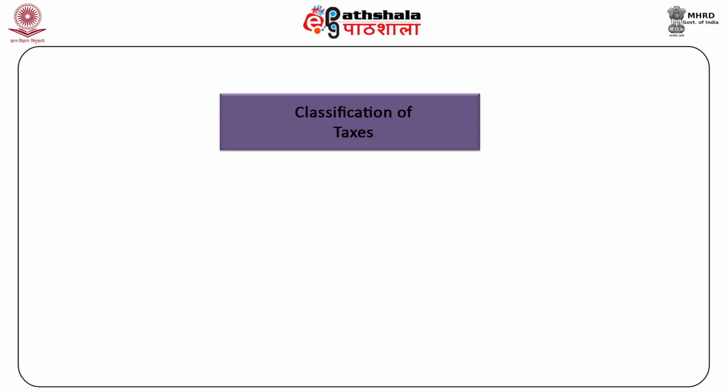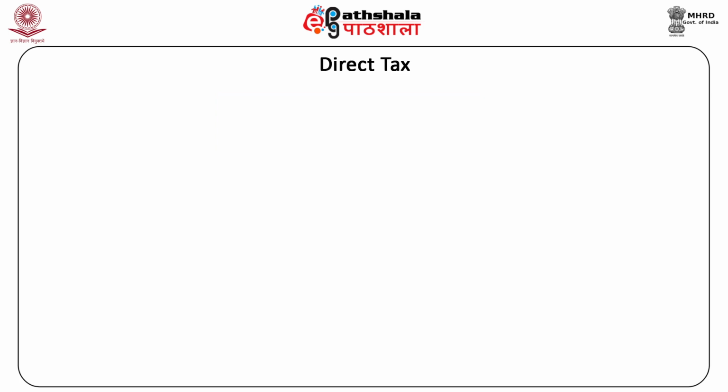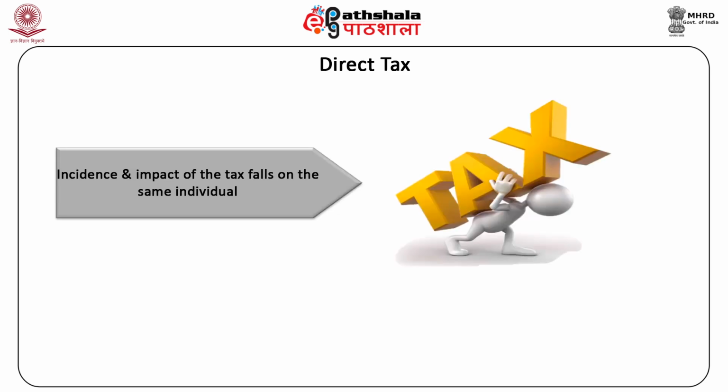Classification of taxes. In India, based on the administration of the tax system and the system of collection, taxes are broadly classified into two types: direct tax and indirect tax. Direct tax is a tax where the incidence and impact burden of the tax falls on the same individual, so the tax is paid by the same individual on whom the tax is levied, as is the case of income tax.